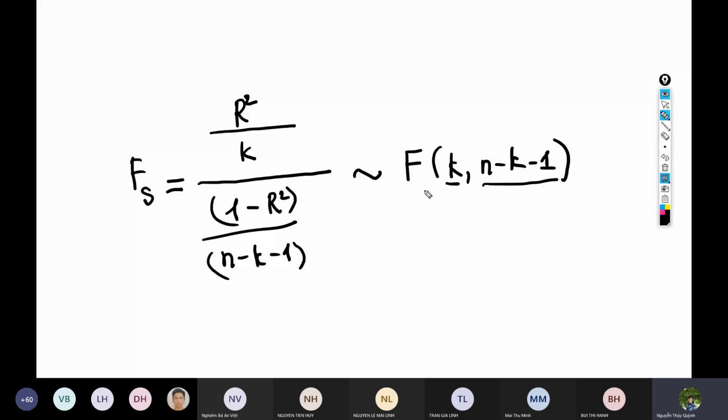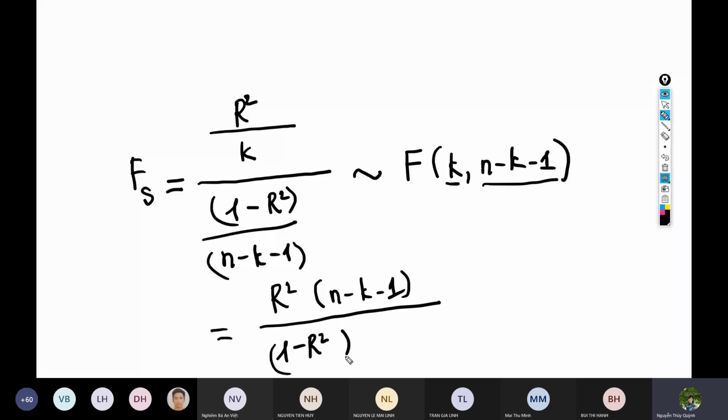So just rewriting this, our observed value of f will be R squared times n minus k minus 1, divided by 1 minus R squared times k. Now look at the observed value of f.